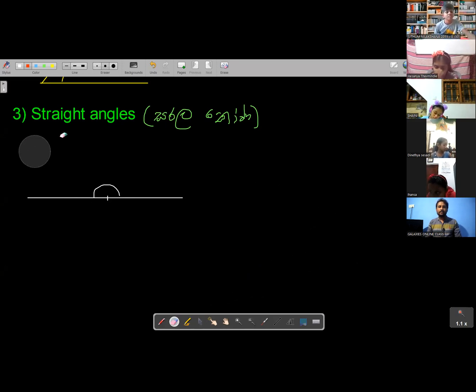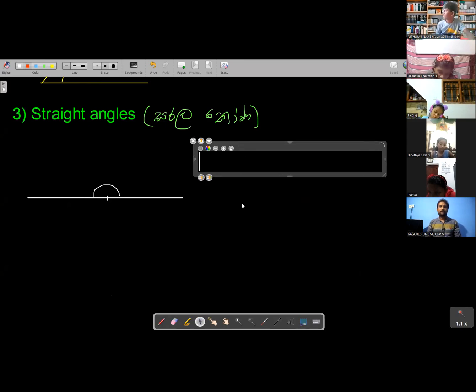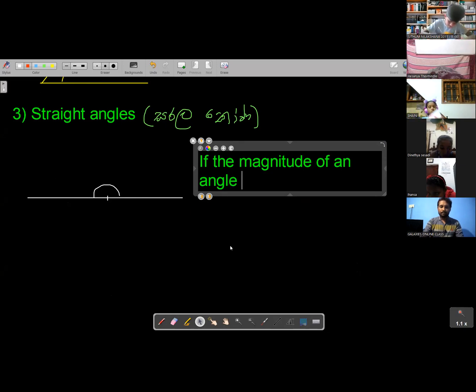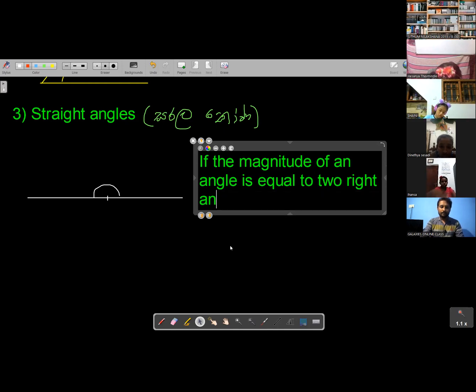Write down the note about the straight angles. If the magnitude of an angle is equal to two right angles, yes.